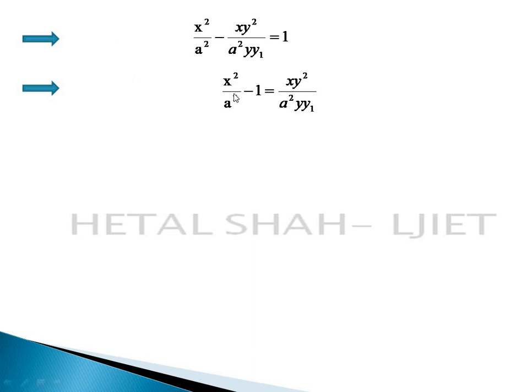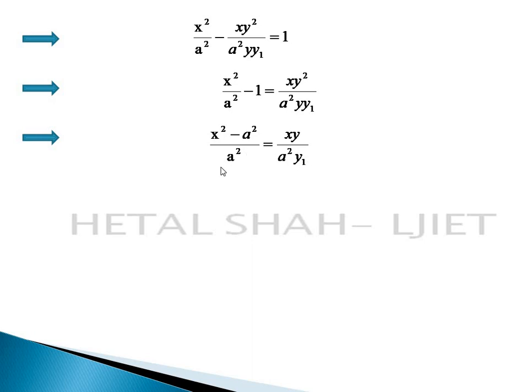arrange this equation, x square minus a square, keep one on the left side and this term on the right side. So by simplifying, x square minus a square whole by a square equals xy upon a square y1.